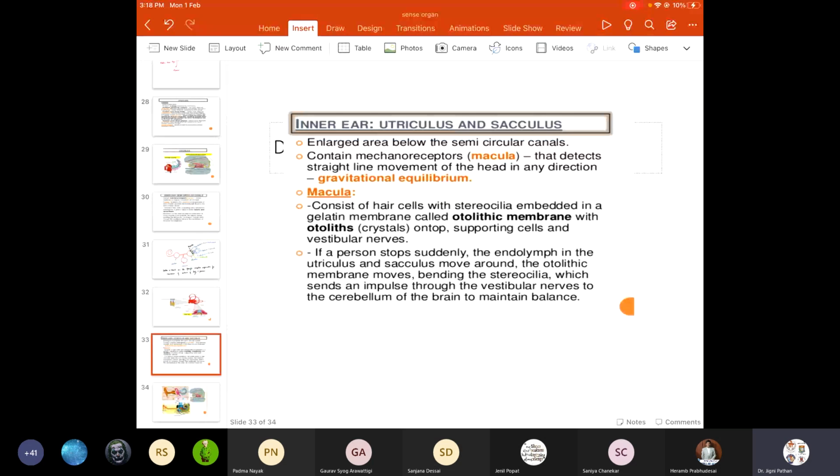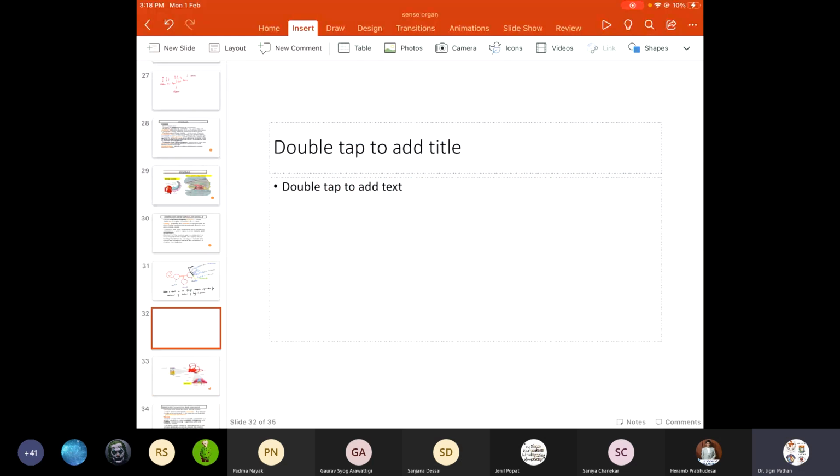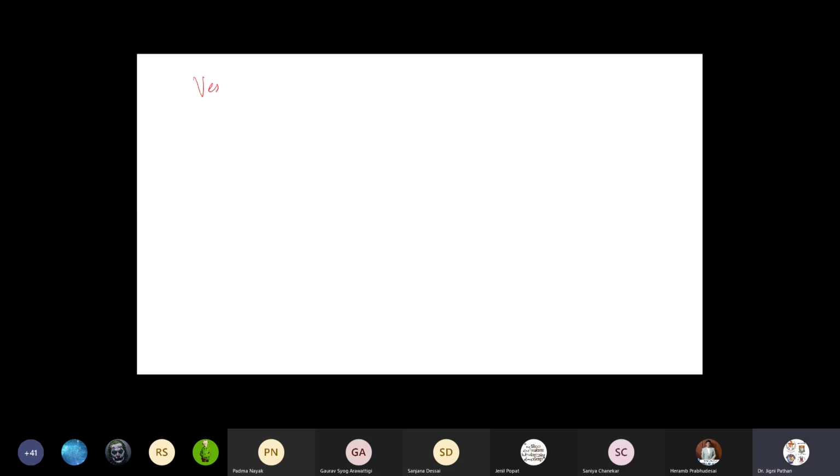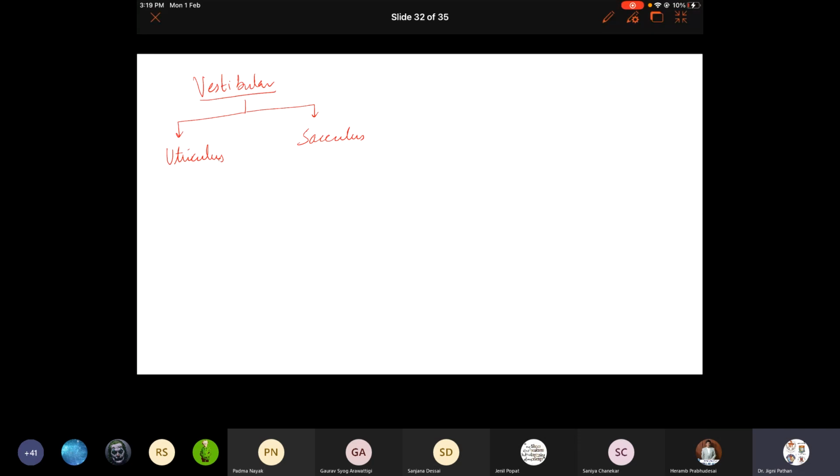The second is the semicircular canal. Please do write down. So vestibular is concerned with what? Hearing or balancing? Very good. It's balancing.